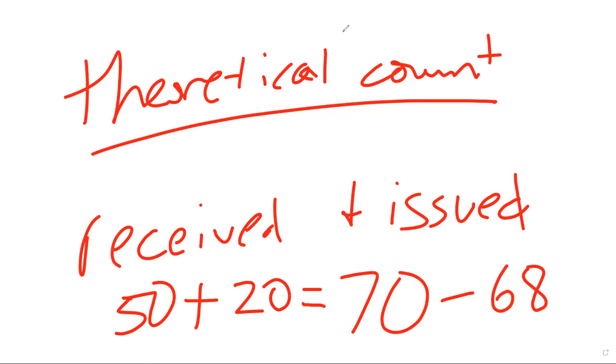Then my theoretical and my perpetual is 2. I should have 2 cupcakes left. My physical, my actual count, what I do have, is 2. Great. Our numbers match. That's our goal as a manager, to make sure our theoretical and perpetual matches what we physically have. Because that means whatever's on our sales is accurate. That means we're not missing any product.